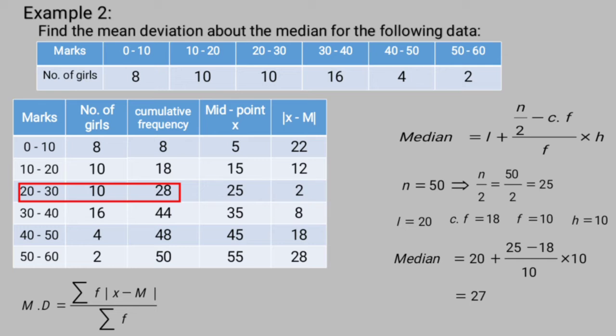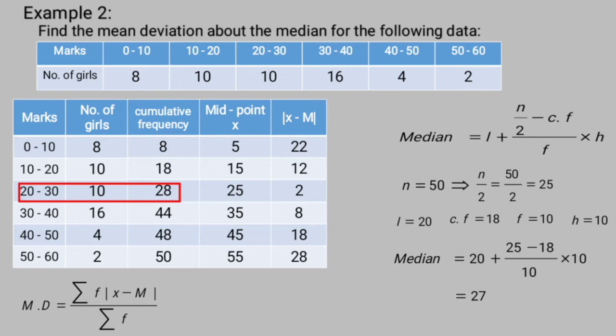Same way, 15 minus 27. You will get modulus of minus 12. Modulus is given, so you have to take 12. Same, 25 minus 27 is 2. And 35 minus 27 is 8. 45 minus 27 is 18. 55 minus 27 is 28.